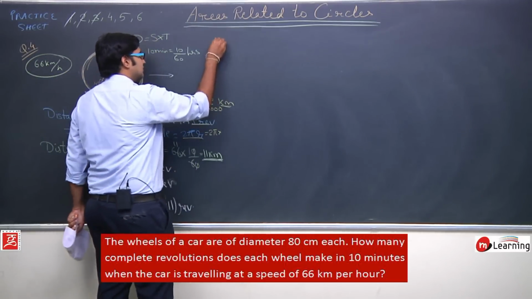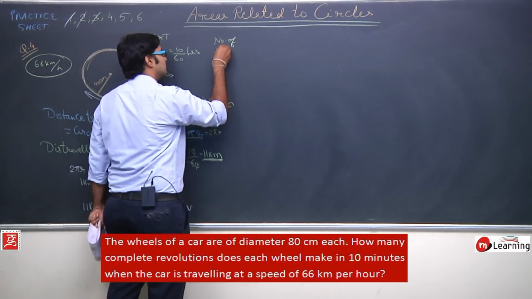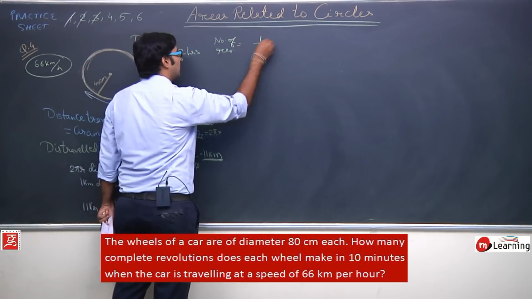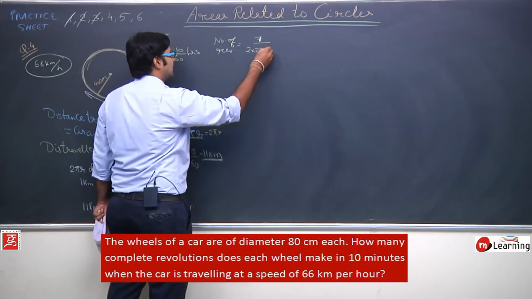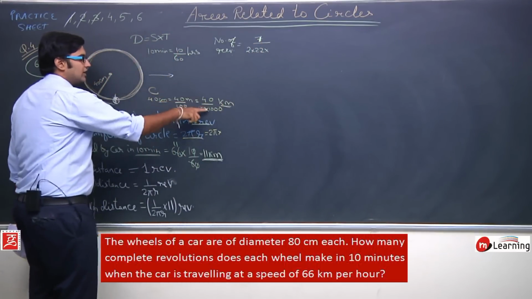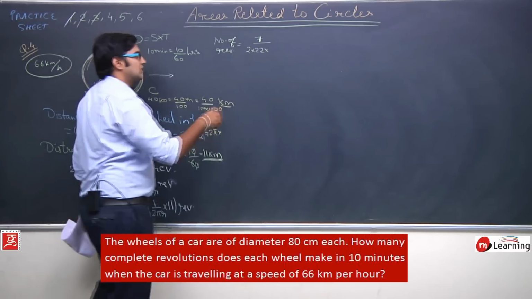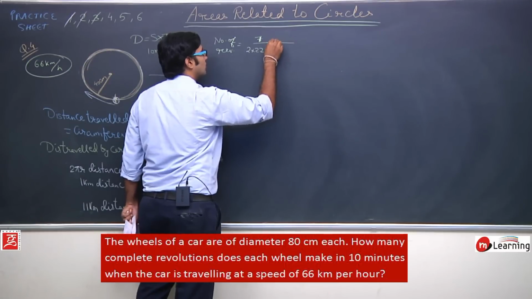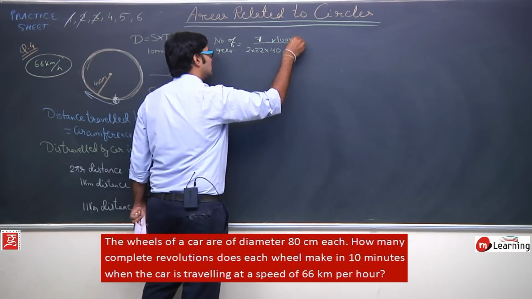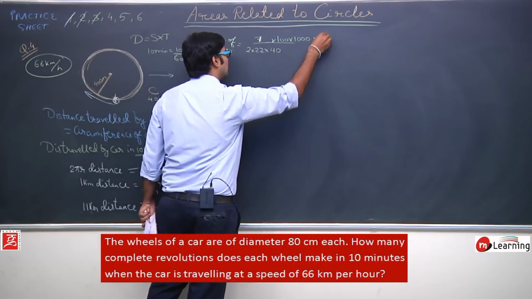Number of revolutions is equal to 1 upon 2 into 22 upon 7, and then r. r is what? It is 40 upon 100 into 1000. So it will become 40 upon 100 into 1000, into 11.